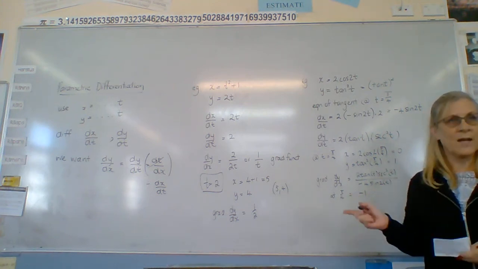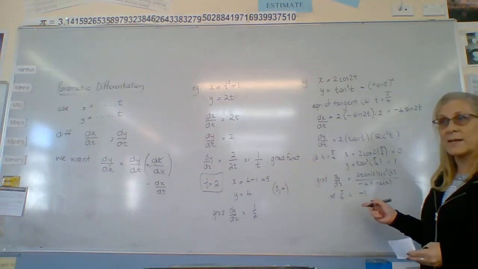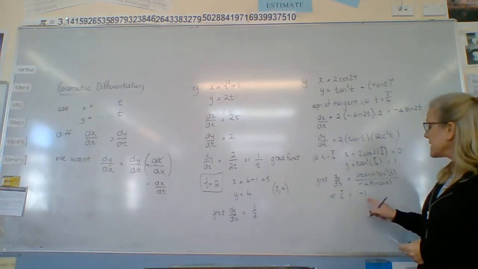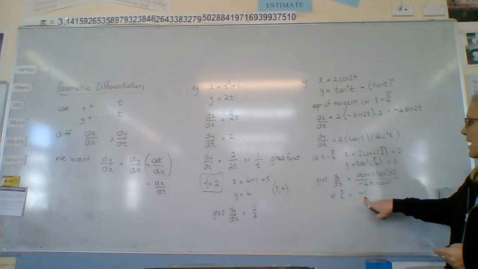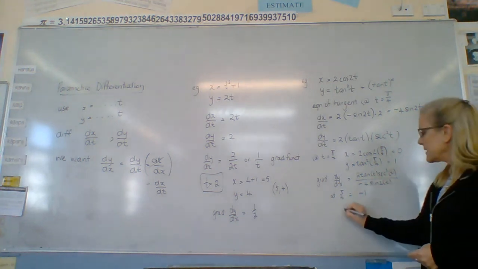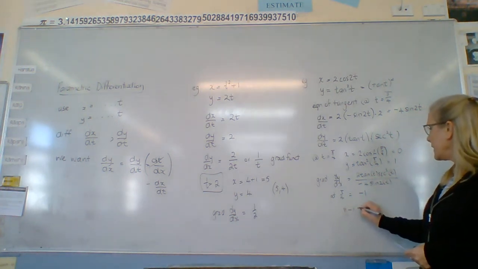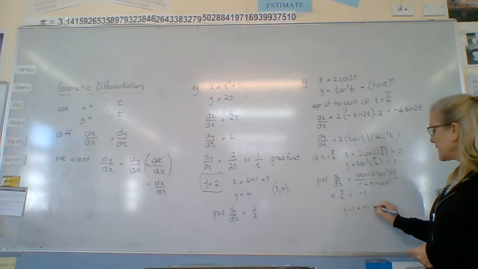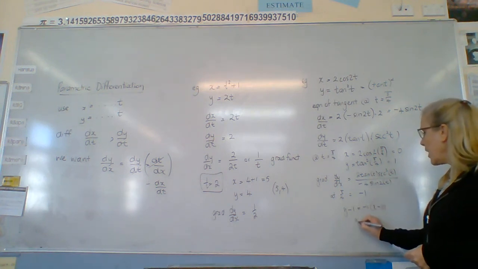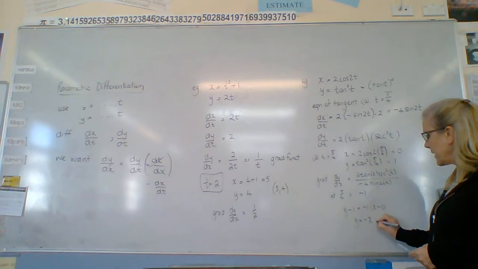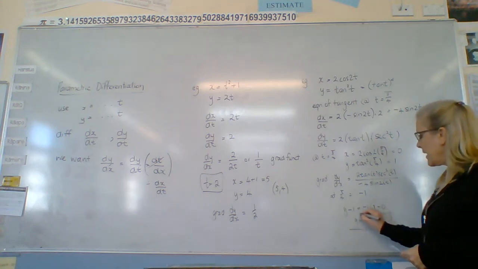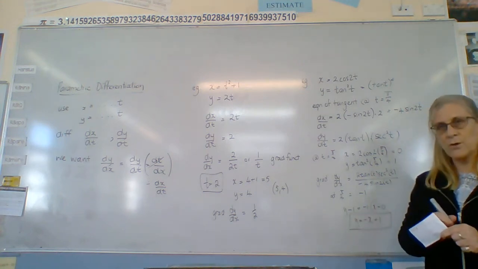You can have a go at that later and make sure that you can put it in your calculator to get that as the answer. So we've got a gradient of negative 1 and the point 1 and 0. So y minus 1 equals negative 1, x minus 0, or y equals negative x plus 1 as our equation of the normal.